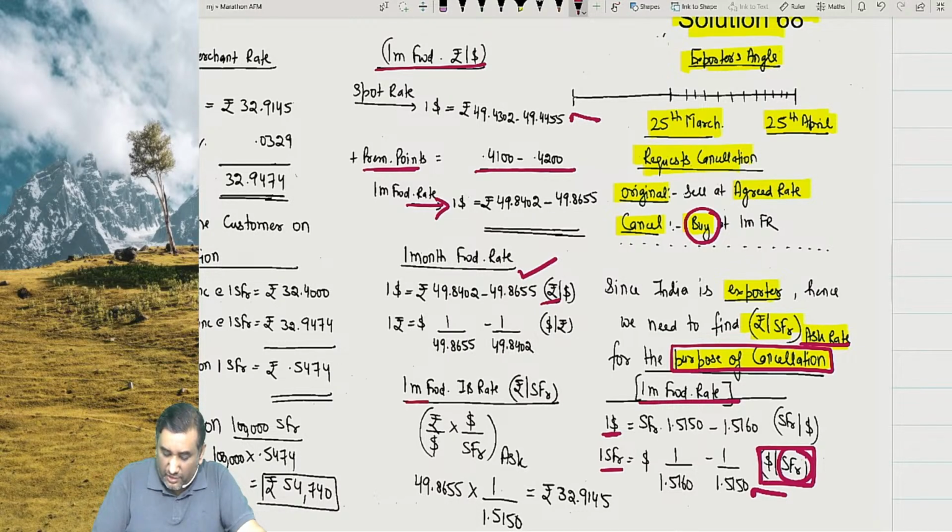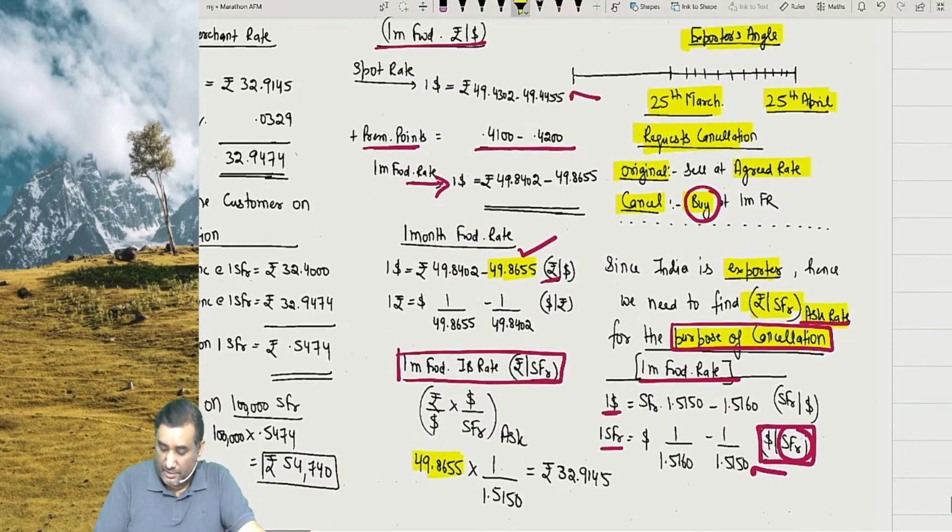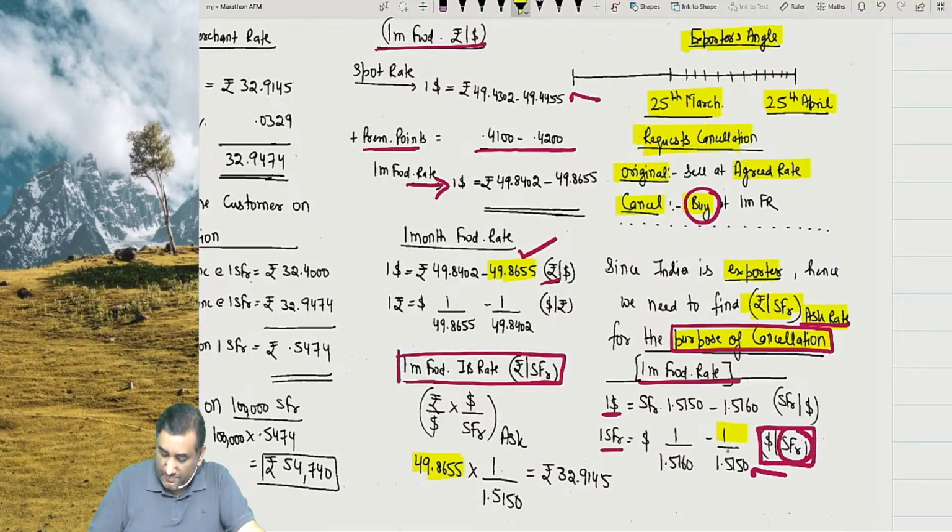So 1 month forward interbank rate you will get by multiplying 49.8655 and 1 divided by 1.5150, we get rupee 32.9145.